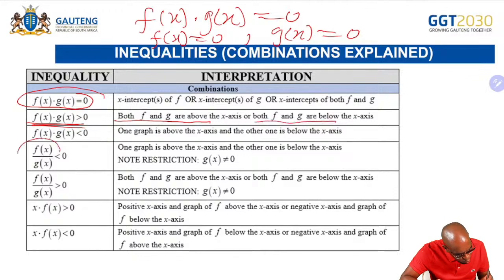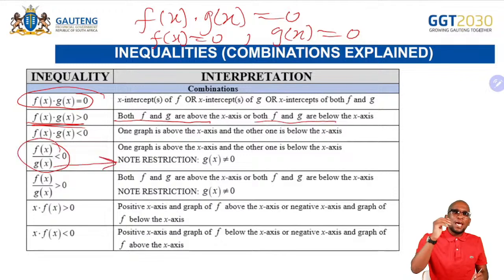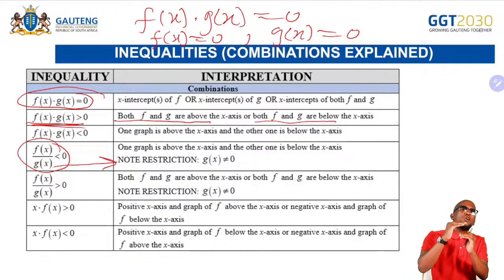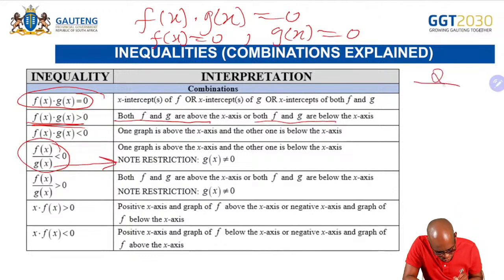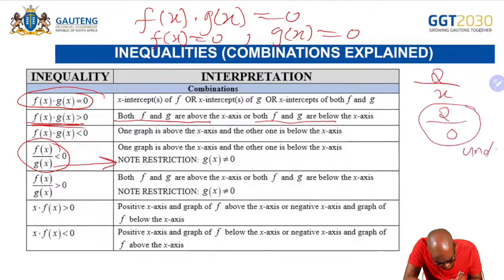Now note this one now. We started to divide. Remember, in any algebraic fraction, once you start to divide, you bring along a natural restriction. Because once you divide, if I divide 2 by x, if x is equal to 0, 2 divided by 0 is undefined.